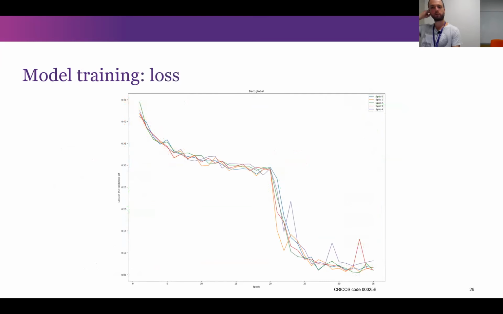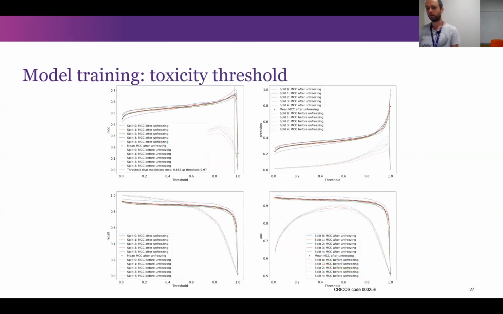Okay, here you can see our loss during cross-validation. As I said, after epoch 20, BERT was made trainable, and you see a significant drop in loss. So the power of transformers was unleashed there, and we obtained significantly better results. Our model as a classifier outputs only a number between 0 and 1.